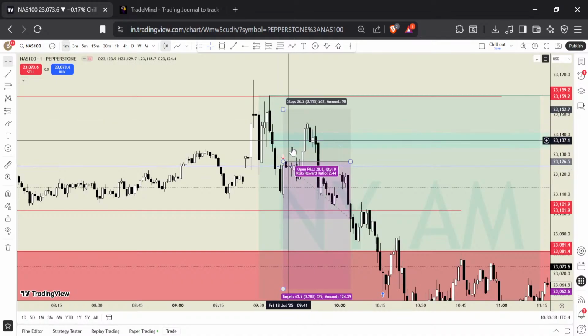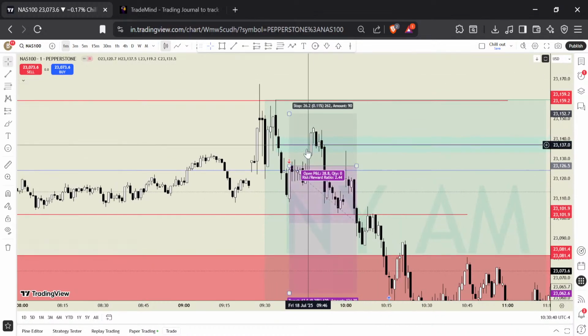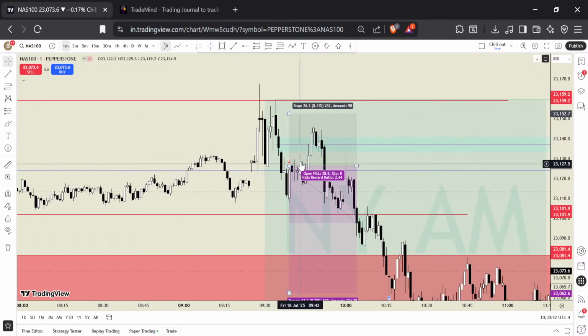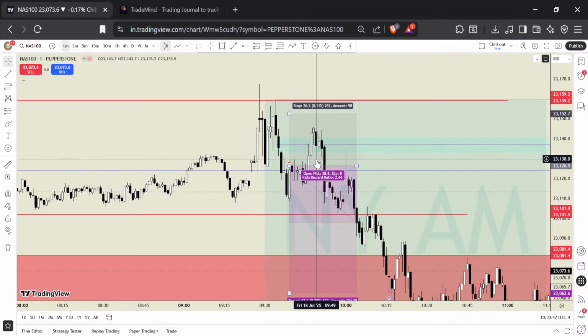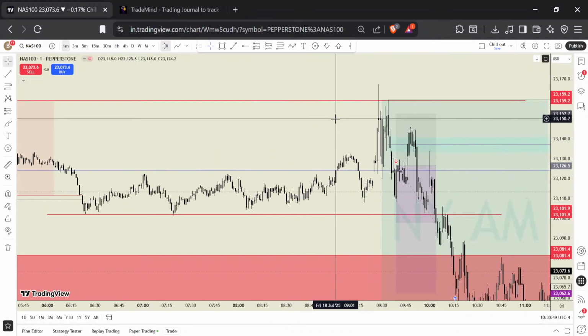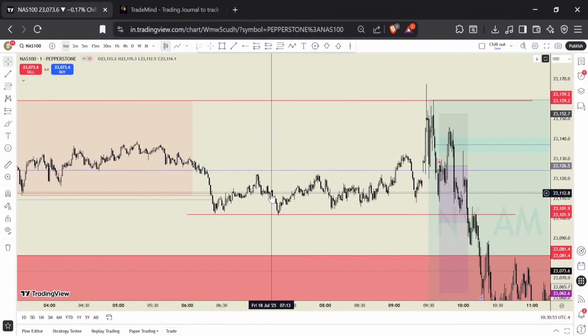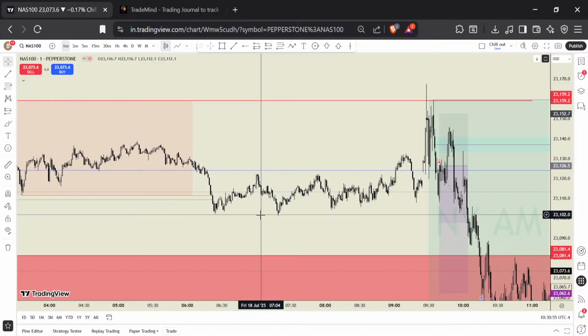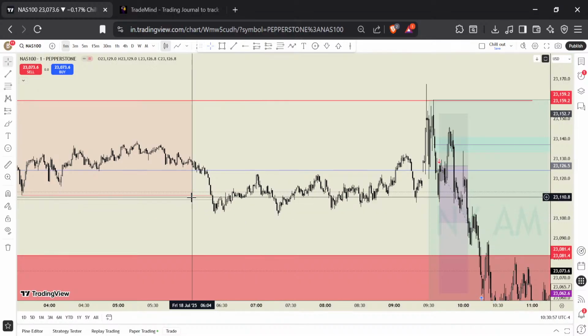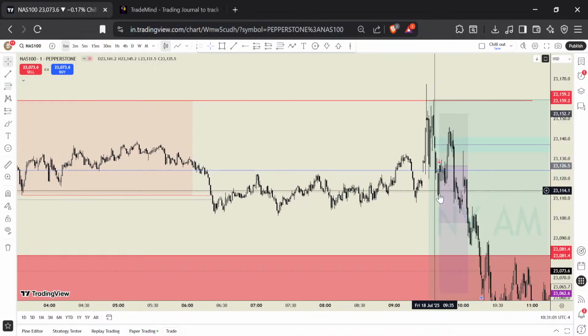I went in short here, but I decided that if the market made a run above this area, I wanted to exit. Why? Because there is a London low here, and I will consider this as a London low retest.